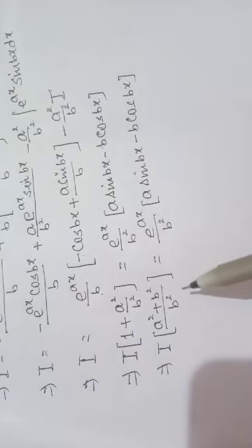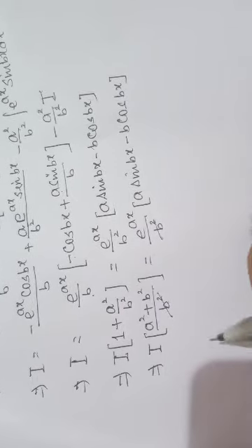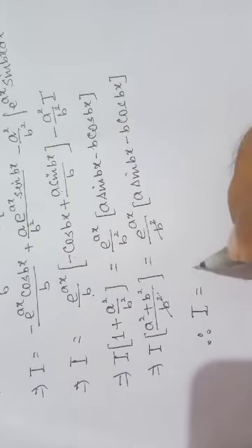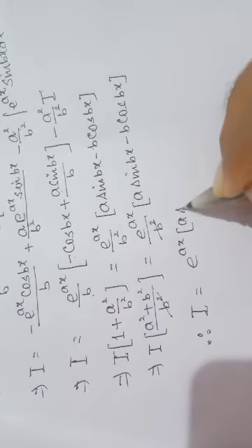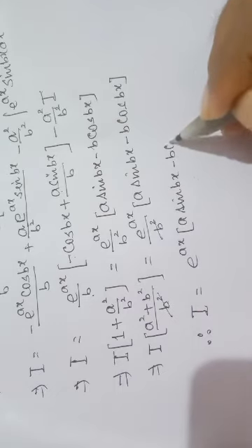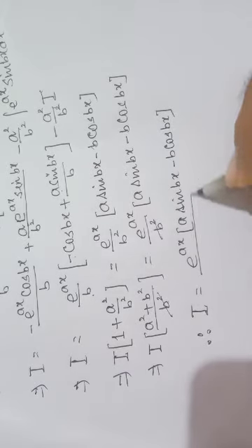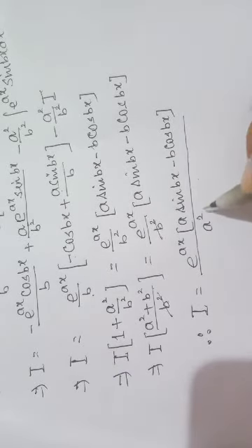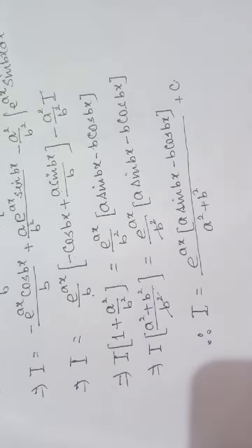Both the b squares cancel, because on the right side b square and b square cancel. Hence finally we have the value of I is equal to e to the power ax into a sin bx minus b cos bx upon a square plus b square, and as usual plus the integral constant c.